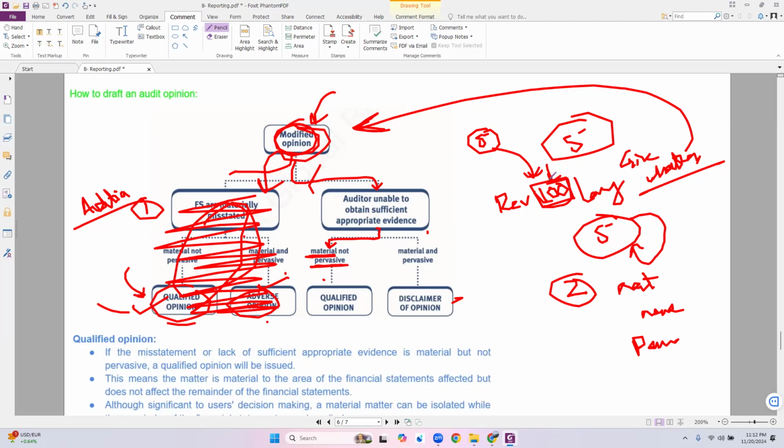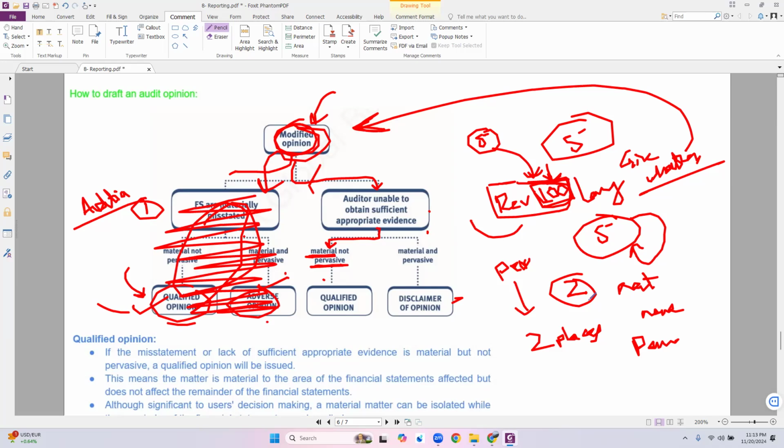It is material, but it is only impacting one place within the financial statements. When we talk about pervasiveness within this category, it means you were not able to get evidence at a maximum of two places, and you were able to get evidence in all the rest.